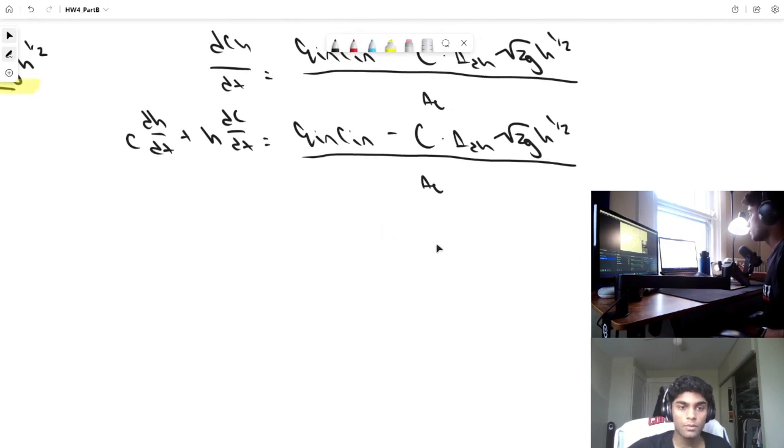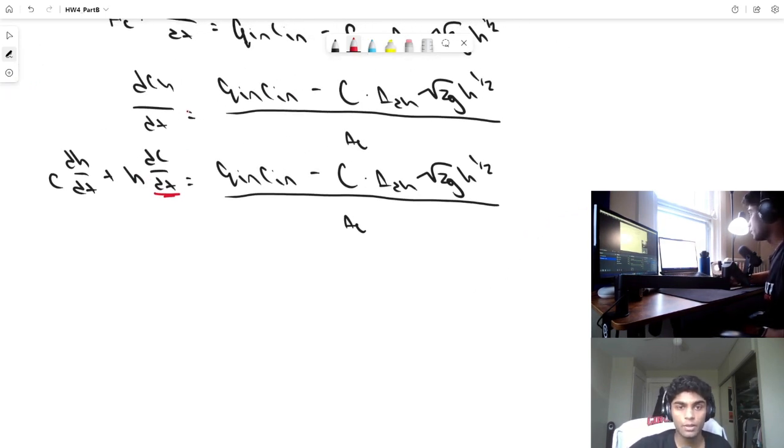Now, we really want to isolate this term right here. And the way we're going to do that is we're going to bring this term over to the right side, and we'll divide everything by h, or multiply by 1 over h, since we don't want a big, really confusing fraction.